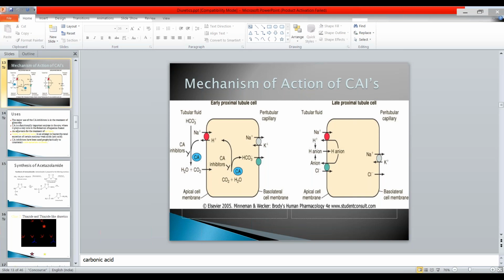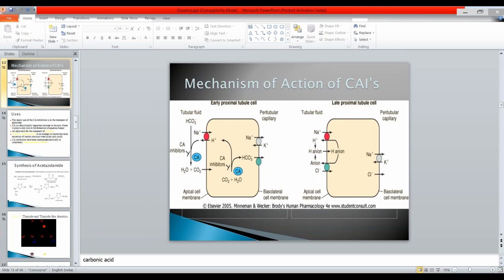When both get inhibited, what is going to happen? The reabsorption of sodium is going to stop. Why? Because H plus ion production by the enzyme has been stopped. So there will be no H plus ion left to exchange for sodium. So the reabsorption of sodium at site 1 will decrease automatically.